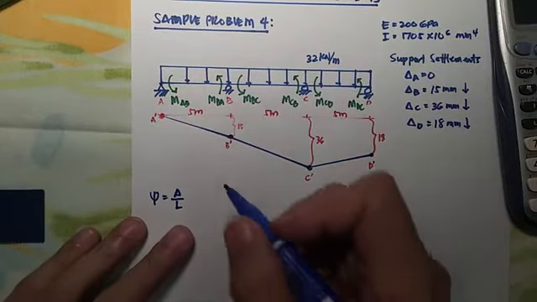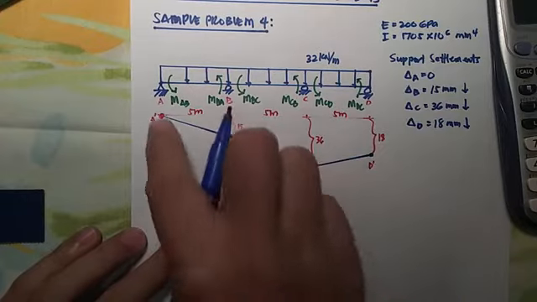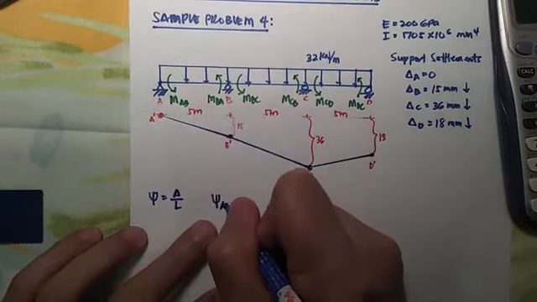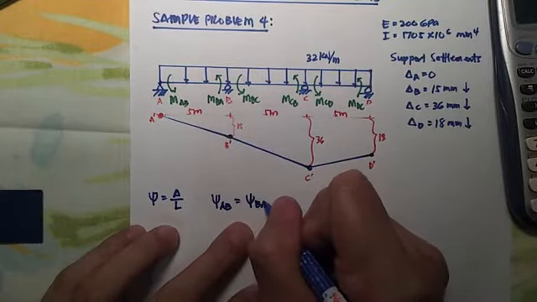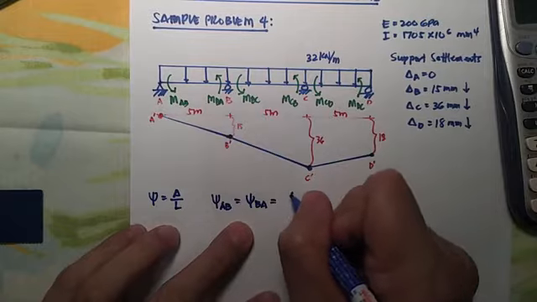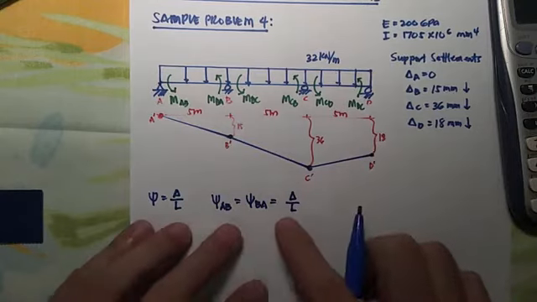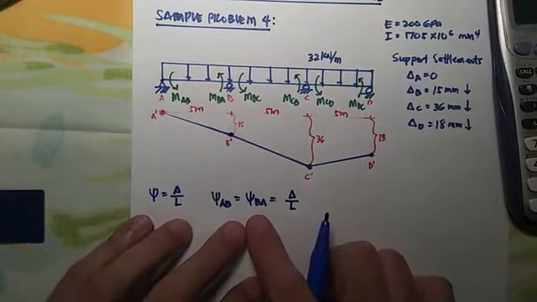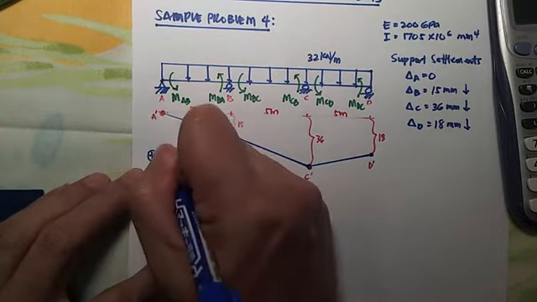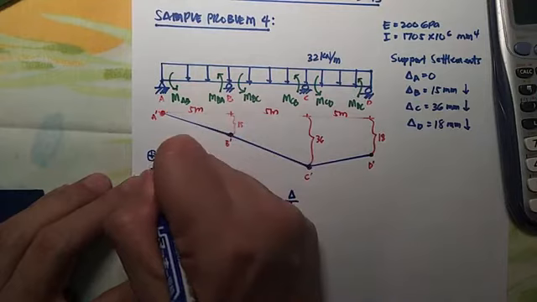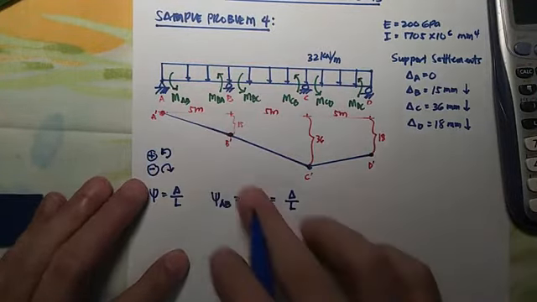Okay, so let's say, what is the psi for AB? Actually, the psi for AB is equal to the psi of BA, and that is equal to delta over L. Okay, so may sign convention ang psi. Ang sign convention ng psi is positive siya pagka counterclockwise yung rotation, negative naman siya pagka clockwise yung rotation due to settlement.